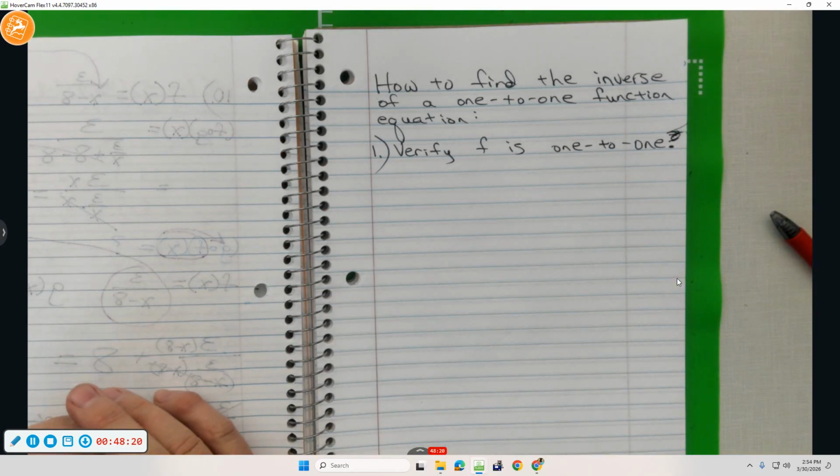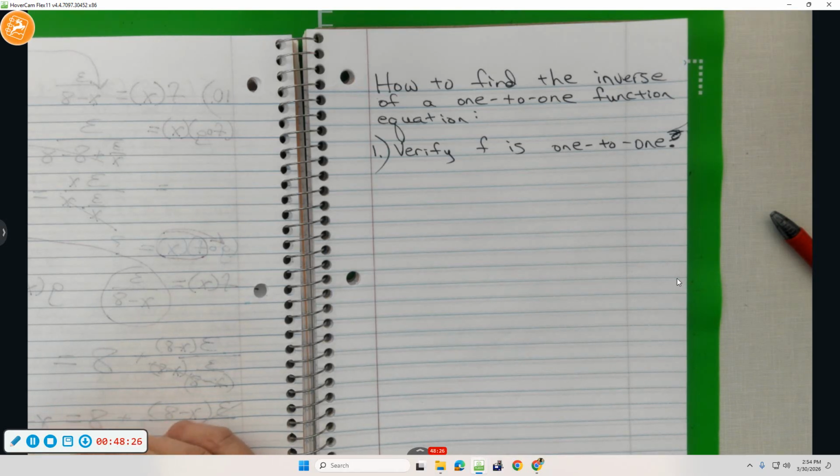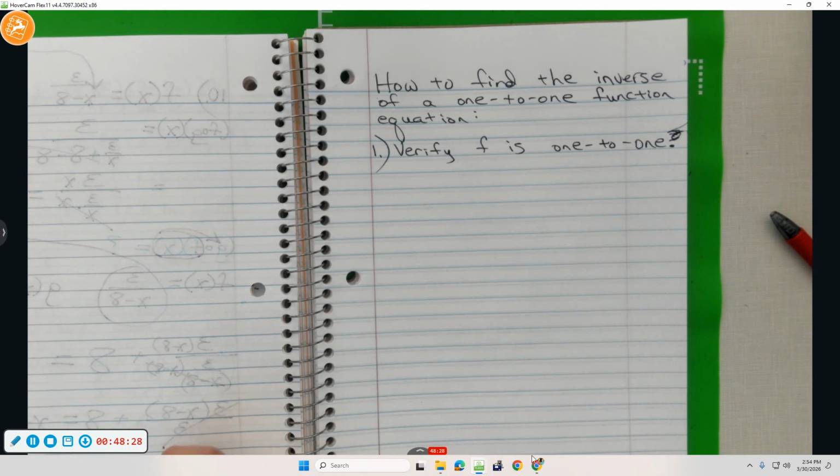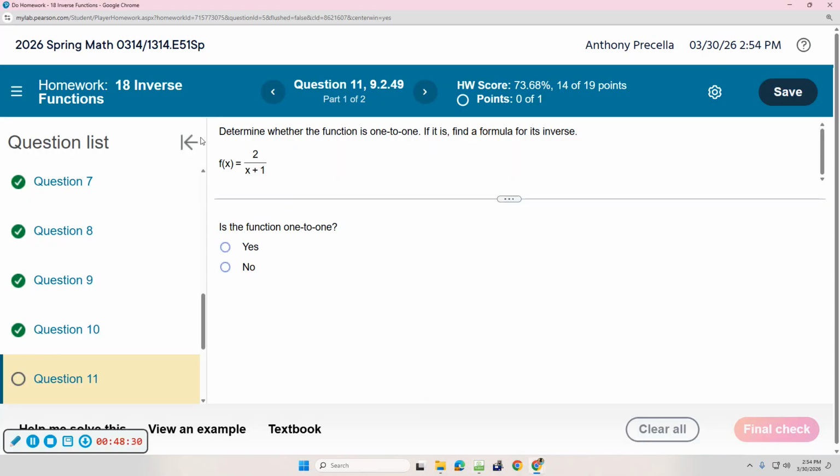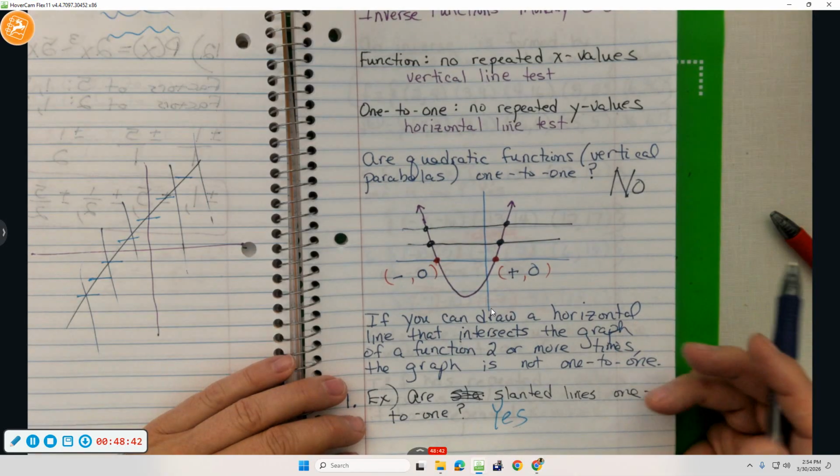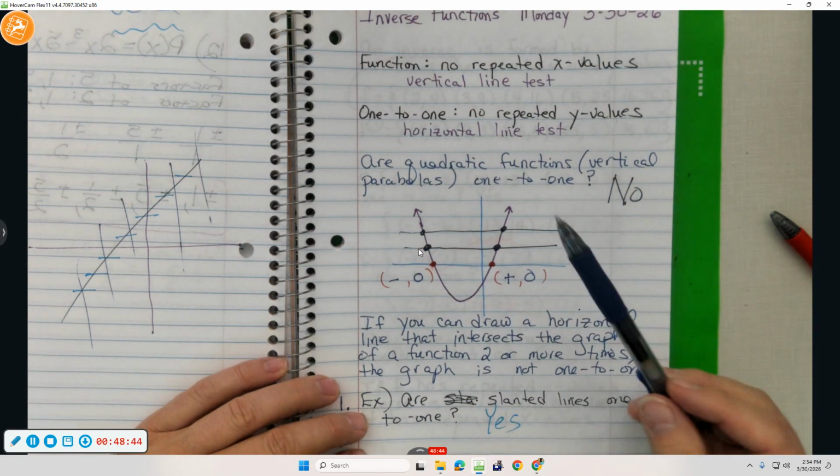Here's how you can look and decide if it's one-to-one or not, just by looking at the equation. Looking at this one, it's sort of hard to decide. Well, I've given them everything they need to know about it. Look at this quadratic function.